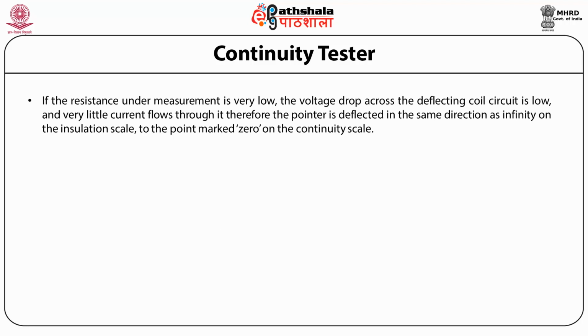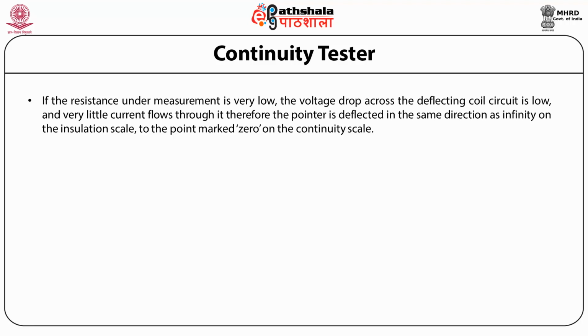If the resistance under measurement is very low, the voltage drop across the deflecting coil circuit is low and very little current flows through it.